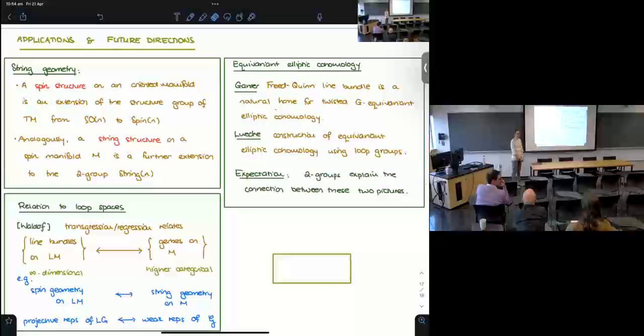For principal G bundles, we have a classifying space for them, right? So what would be the analogue here? We can only say this in the discrete case properly for now, but we should be able to take B of the two group, and this is a two category with one object.